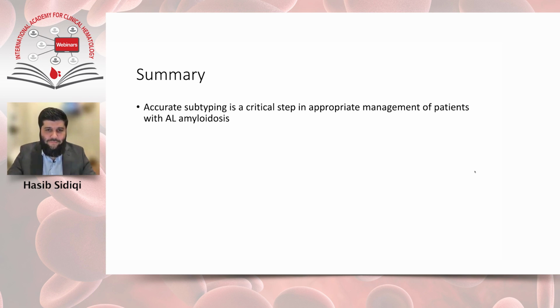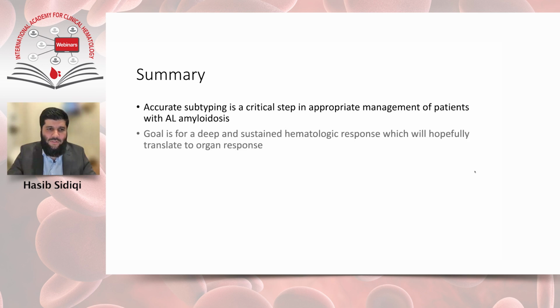As I've mentioned previously, whilst we've traditionally relied on immunohistochemistry, mass spectrometry has rapidly become the gold standard for accurate subtyping of these patients. The goal of therapy in these patients is deep and sustained hematologic responses, which hopefully will translate to organ responses.